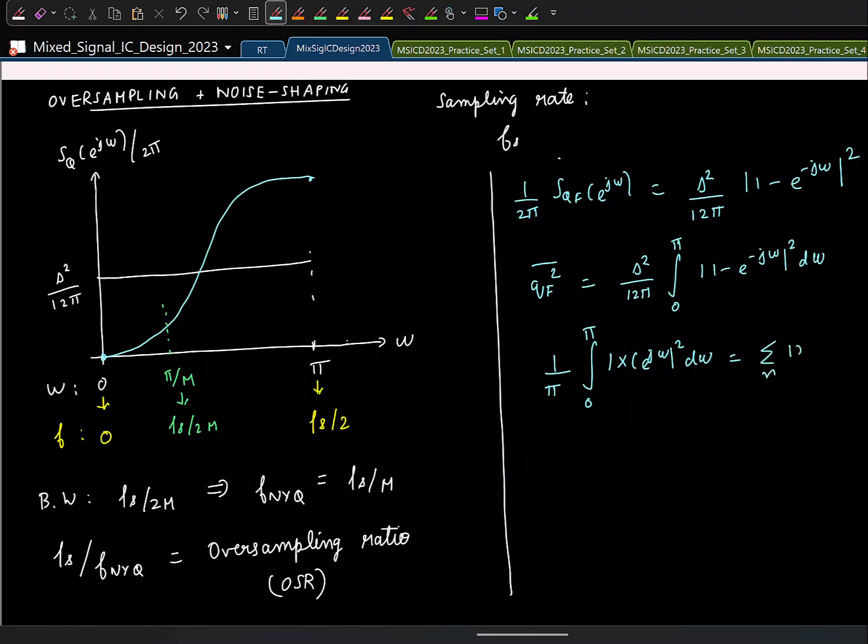I mean, you can do this in the time domain. So now I have X of e power j omega as what? So what is x of n? See, if I have x of n, how will I find X of e power j omega?